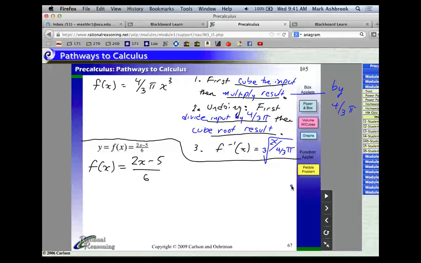Because think of it, it's the whole idea of going backwards here. What did you do first? First you cube the input, and then you multiply that result by 4/3 pi. So if we're going to go backwards, what's going to happen? First we're going to divide by that, and then we're going to take that whole result and cube root it. So it's thinking about how you would go backwards. How would you undo what you did? So yeah, you cube root the whole thing. That's important.